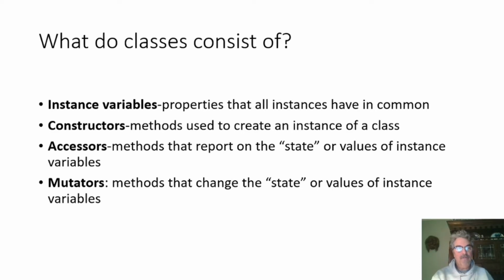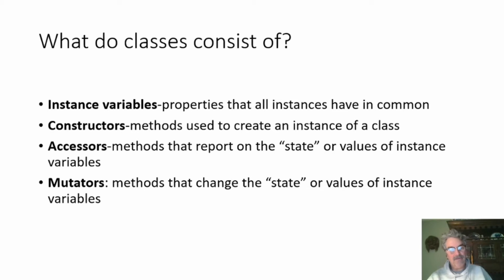Additionally, there are one or more constructors, which are methods used to create an instance or an object of that class. So we've also had experience with constructors. You did them way back in the fall by creating a Crab class constructor, maybe a Lobster class constructor. Again, we're about to do it more explicitly.